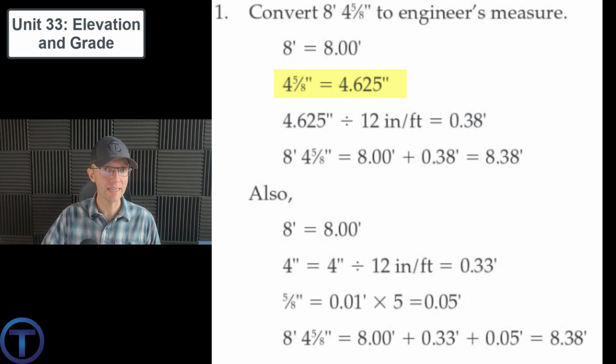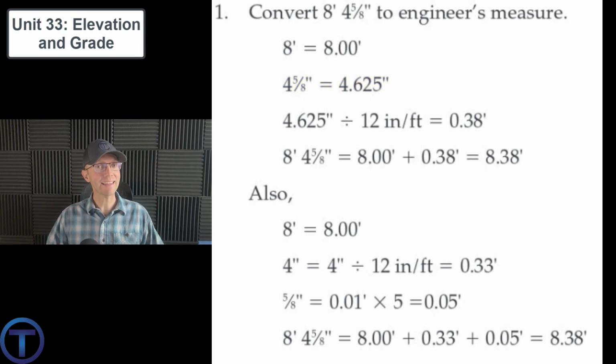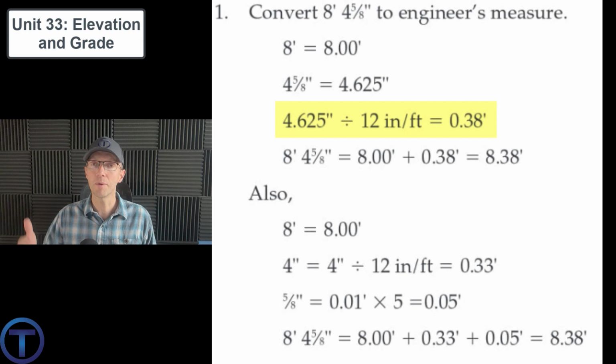Now remember, we're trying to get to decimal feet. So I'm still going to do a little bit more on this conversion to get it over to feet. But at least now I'm into the decimal form, and that's easy to play with in a calculator. By the way, that's exactly why engineers use their measurements in feet and decimal parts of a foot. It's easy to punch into a calculator. So let's convert that 4.625 inches into decimal feet.